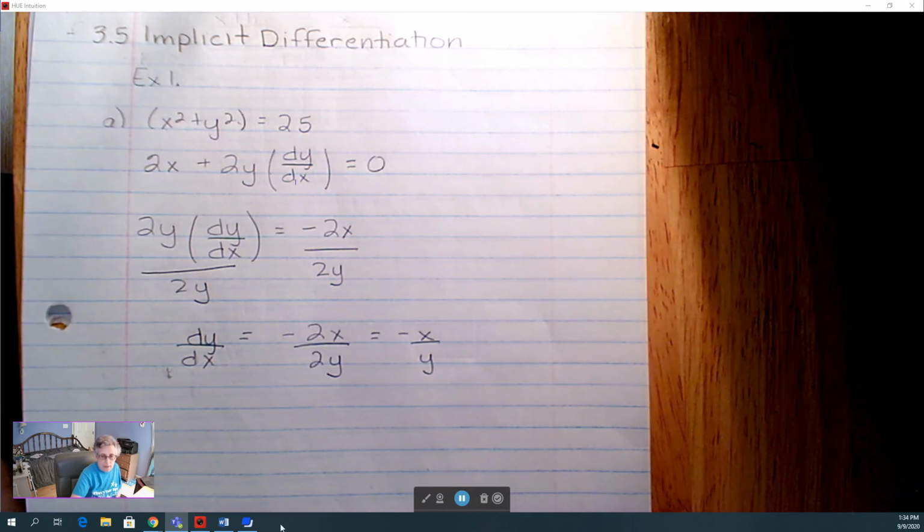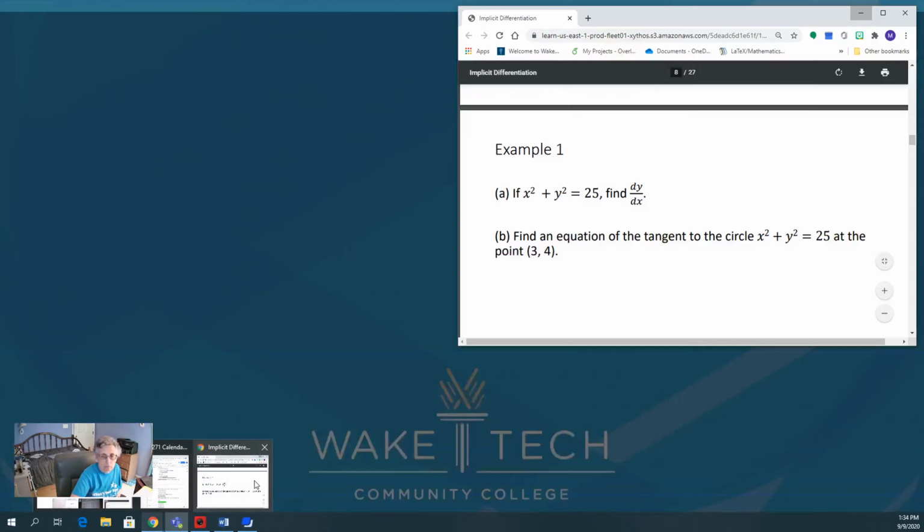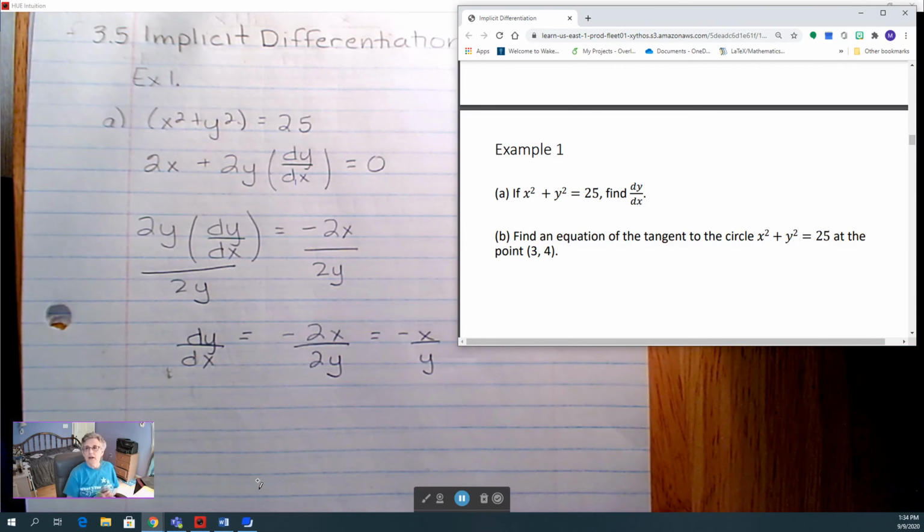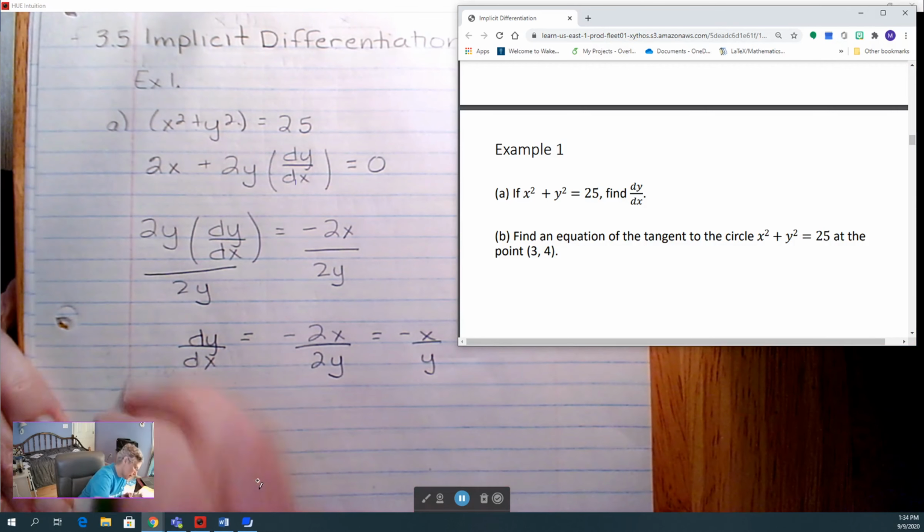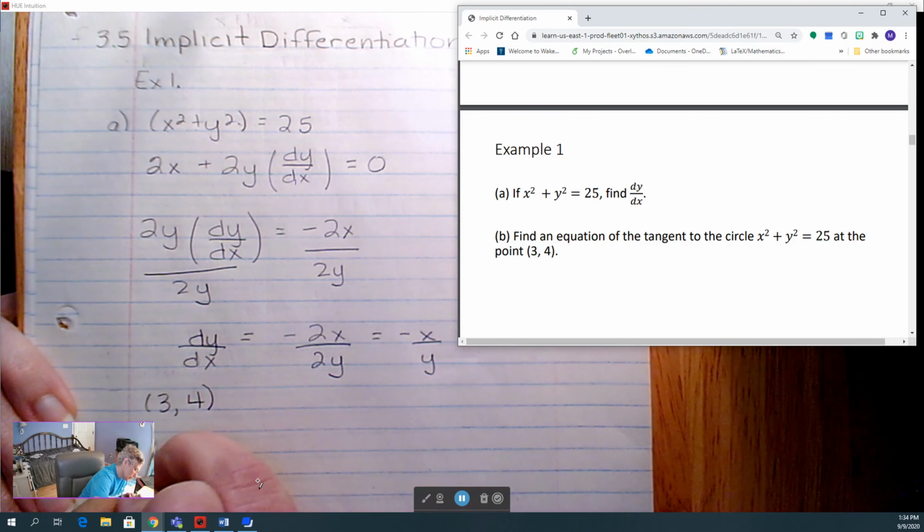So the next thing we're asked to do is to find the equation of the tangent to the circle x squared plus y squared equals 25 at the point 3, 4. So we have a point, and we can calculate our slope.